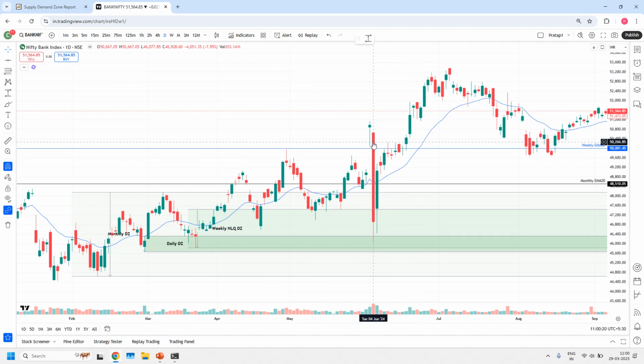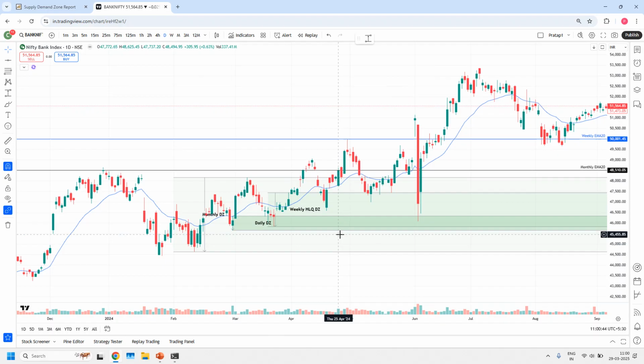But where did it take the support? It took the support on this demand zone. What kind of demand zone is it? It is a lower time frame zone as a horizon to the higher time frame zone. From this horizon it picked up the orders. And see the rally after that? How the market rallied?